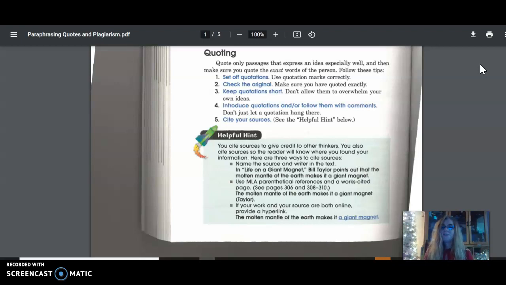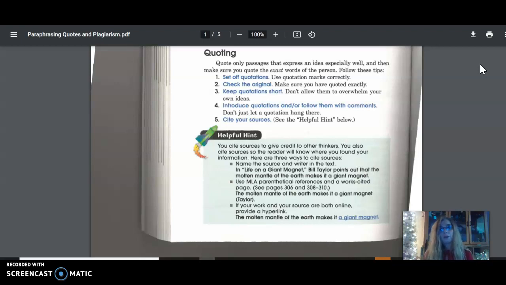Okay, 9 times out of 10, you're going to be able to take a quote from a text and paraphrase it, put it in your own words. But there are times when the author's words are more powerful than your own.